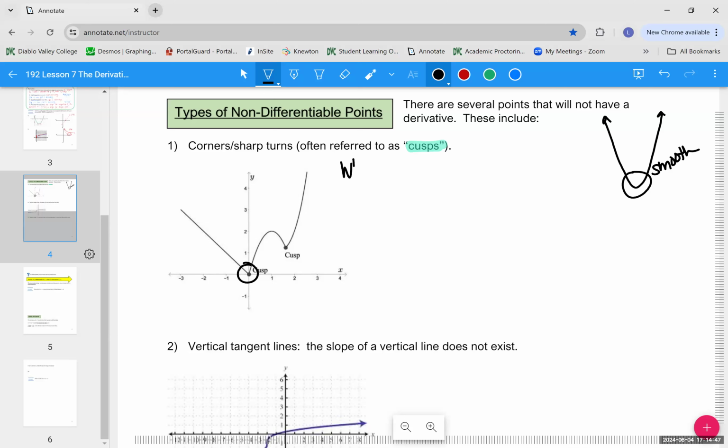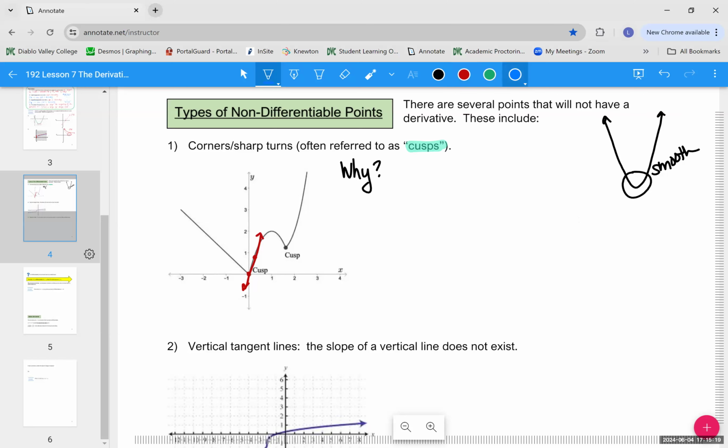And if we're going to answer the question why is that not differentiable? It has to do with the limit. If I am doing secant lines, remember we're taking two secant lines, the slope between them, and then we're taking the limit as they get closer to each other, those two points. Look at what my secant lines look like if I approach this cusp from the right side.